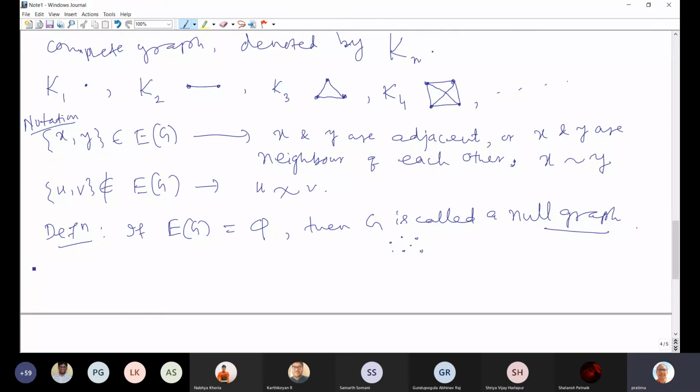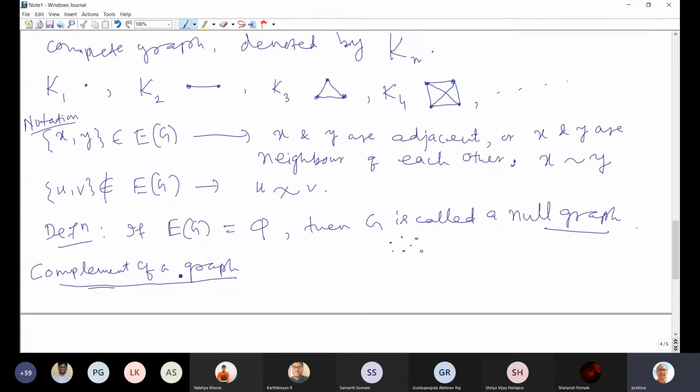Well, for a simple graph only, we also define another kind of graph from a simple graph, that is called the complement of a graph. It is the complement of a simple graph only, not for a multigraph.